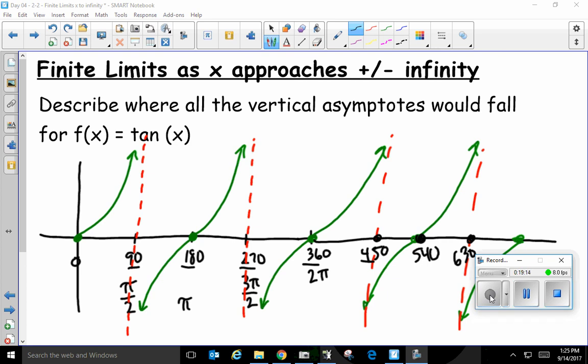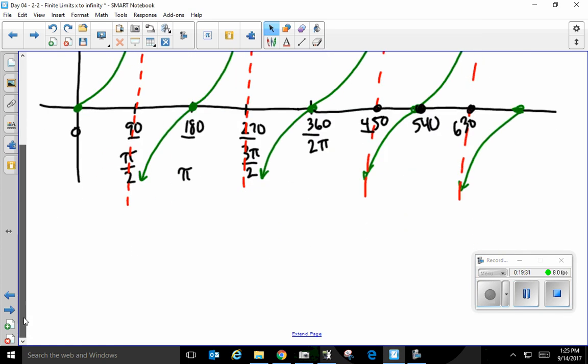Well, it starts at 90, and you go up by 180 every time, right? And likewise, if I go backwards, it's the same thing. It would be at negative 90, negative 270, negative 450. There's no really great way to write that.